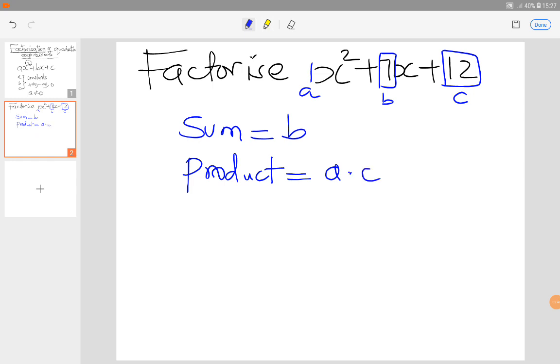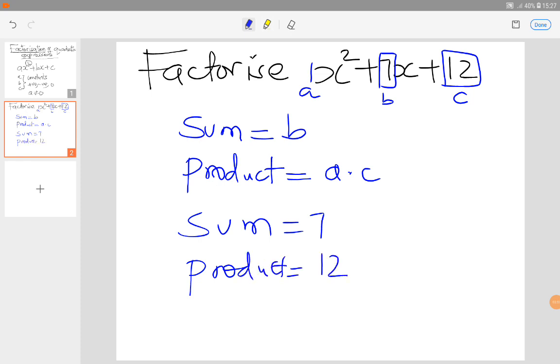So which are those values? When you sum them, you get 7, and when you multiply them, you get 12, because 1 times 12 is 12. So which are those values?